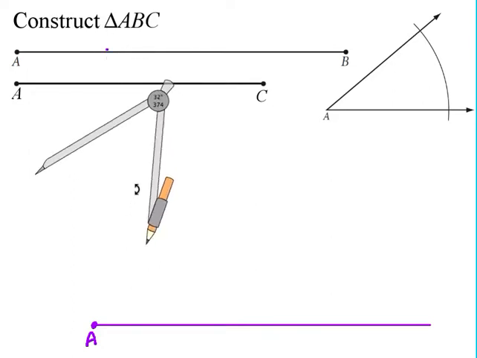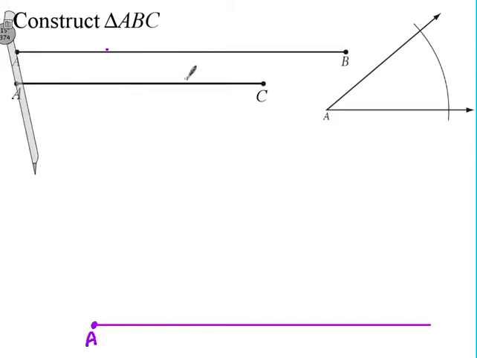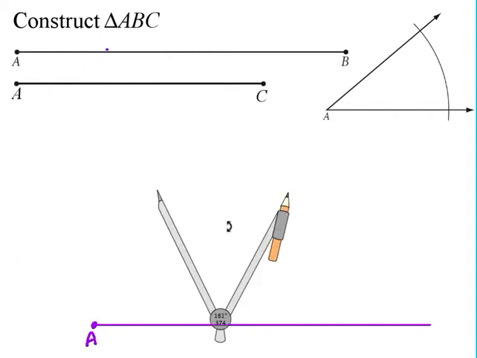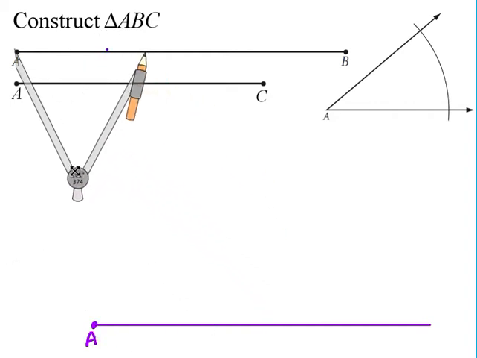I'm going to measure mine upside down because otherwise I'm going to be off on my screen here.